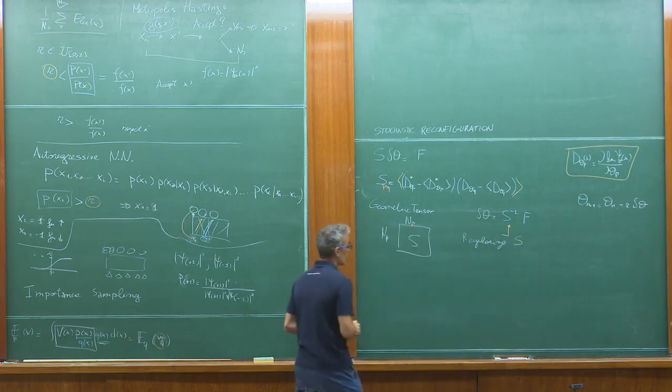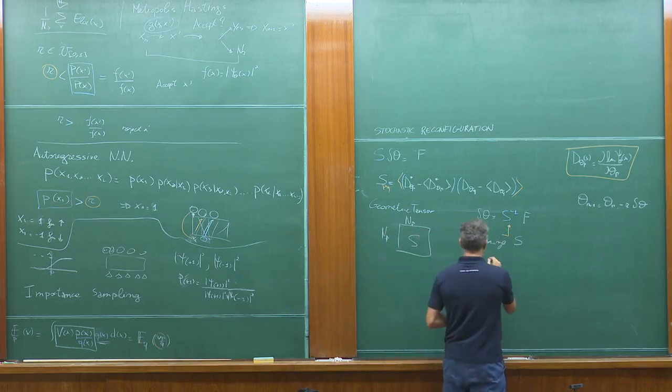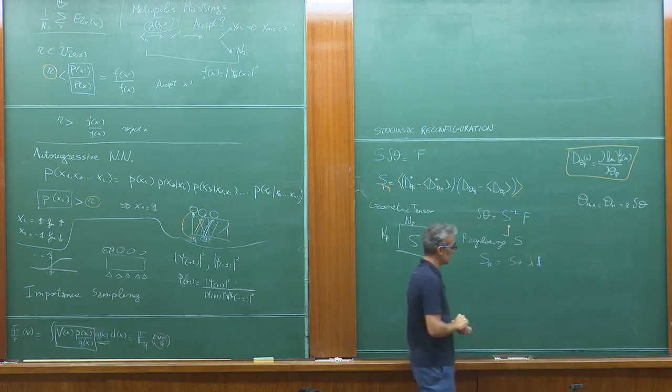Okay, and one way to regularize S is to say S regularized, let's call it SR, equals S plus some lambda times the identity. That's one way.